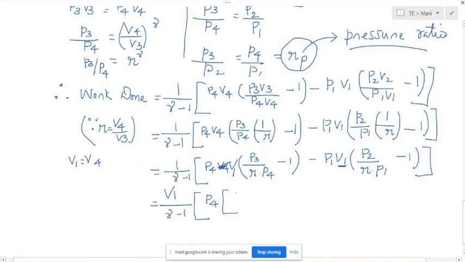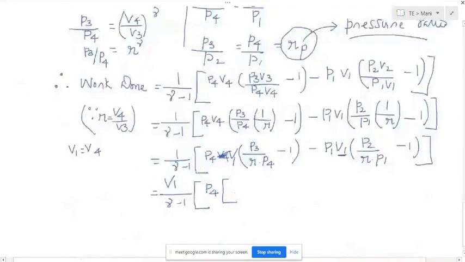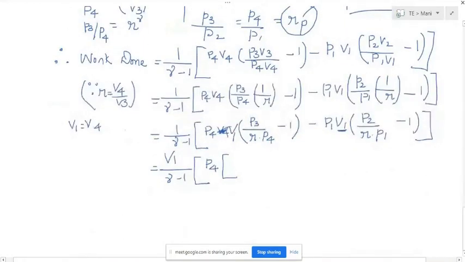We already introduced the pressure ratio: the pressure ratio is nothing but P3 by P2 or P4 divided by P1. Also, P3 divided by P4 is nothing but r power gamma.